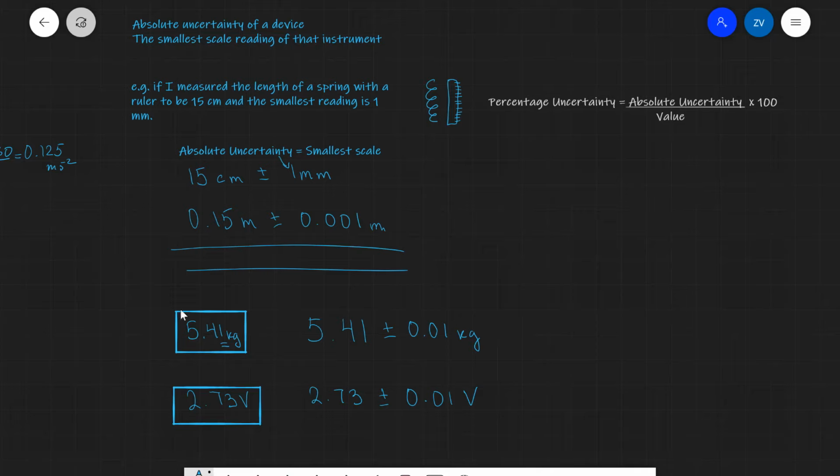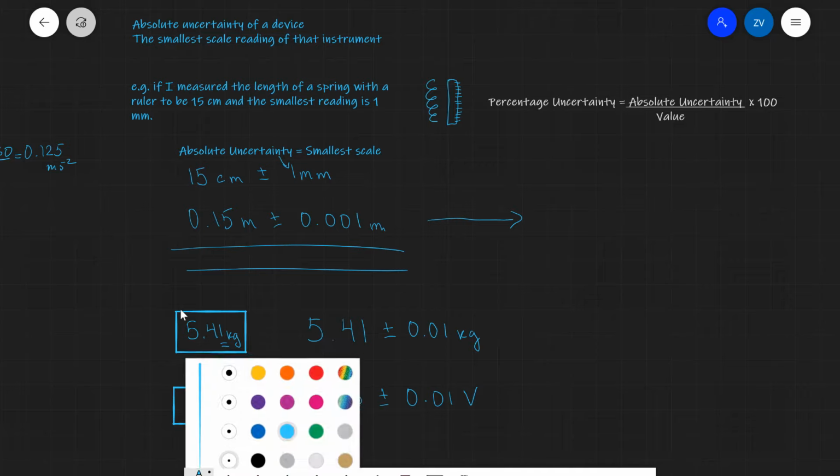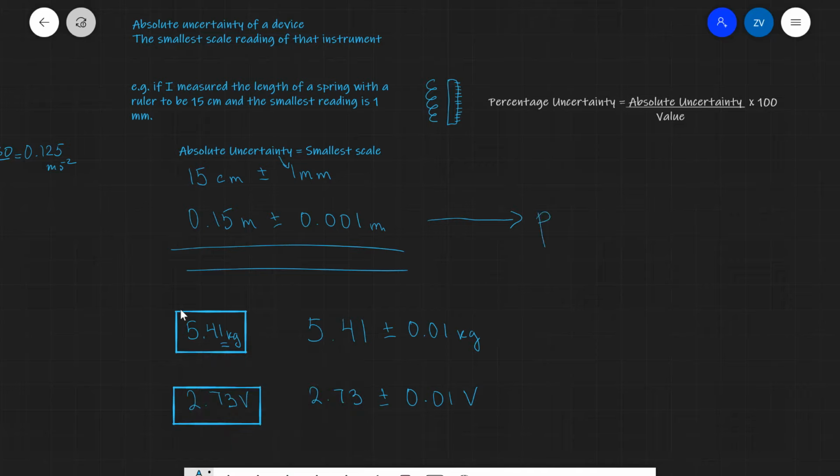For instance, in the first case, our percentage uncertainty will be given by our absolute uncertainty, which is 0.001 divided by a value, which is 0.15 multiplied by 100, and that's going to give us about 0.67%.